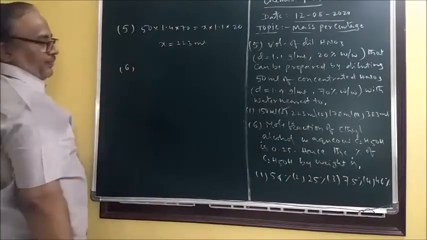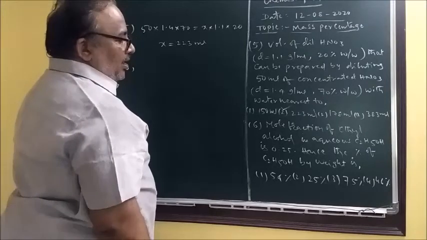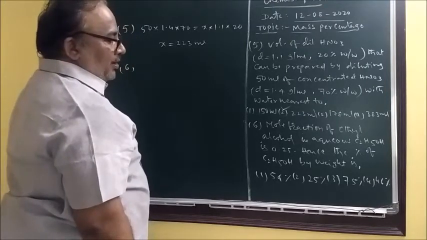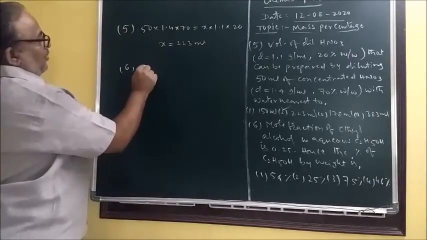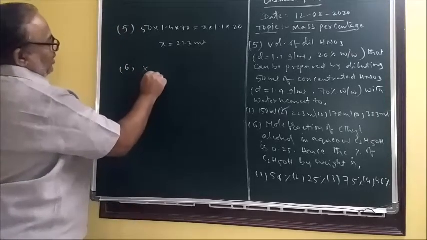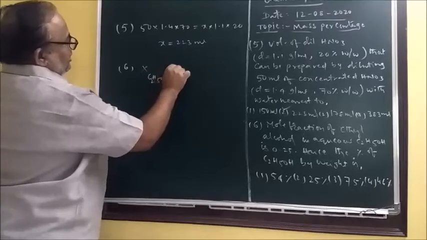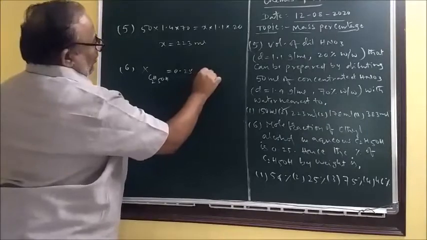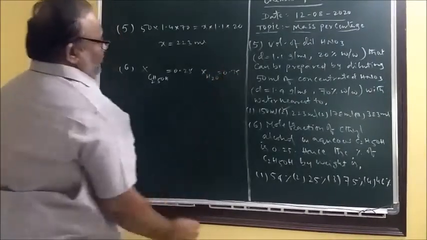Sixth one: mole fraction of ethyl alcohol in aqueous ethyl alcohol is 0.25. Hence the percentage of ethyl alcohol by weight. You know that mole fraction of ethyl alcohol equal to 0.25, mole fraction of water is equal to 0.75.